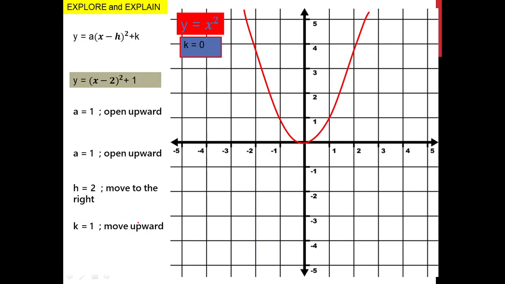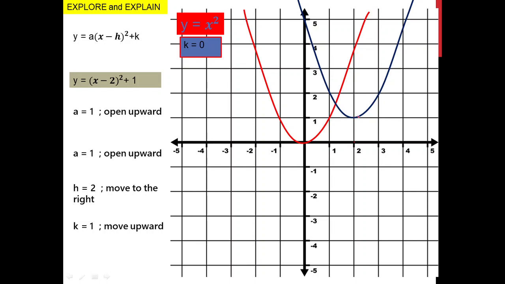So let's try to check the final position of our graph on the function y is equal to the quantity x minus 2 squared plus 1. There. So again, from our parent graph, since a is positive, the graph opens upward, and then h is positive 2, so it moves from here, going 2 units to the right, here, and then k is positive 1, then it moves 1 unit upward.